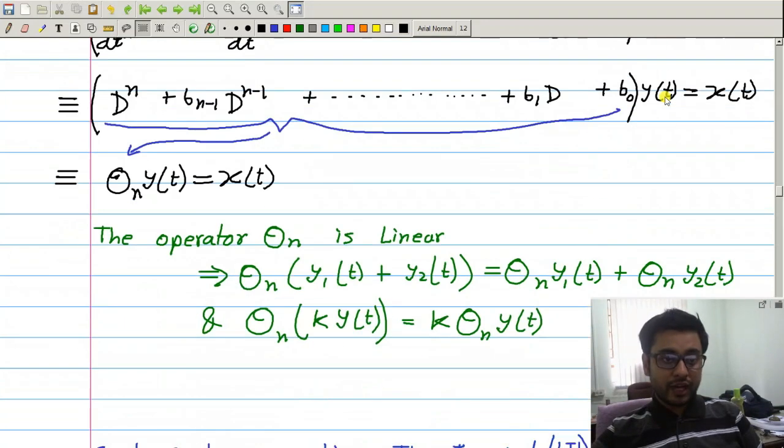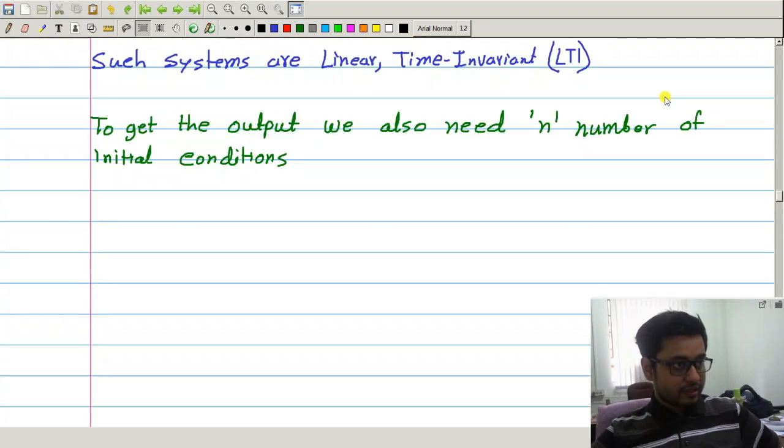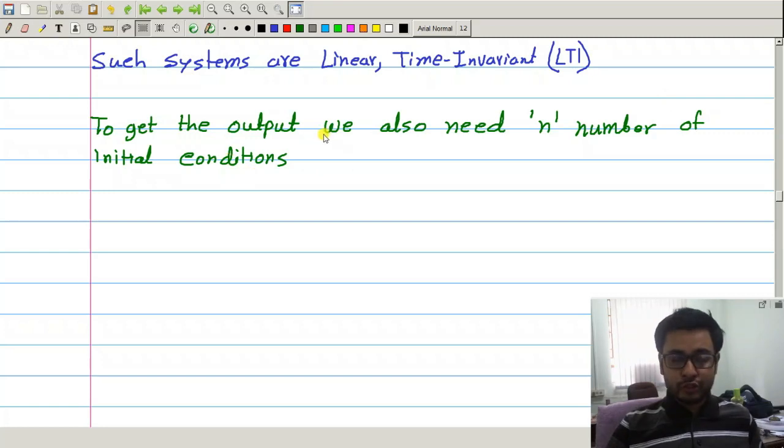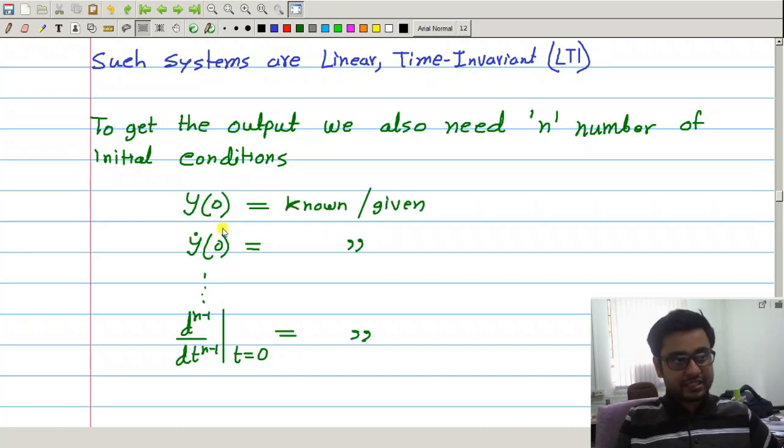But we have learned that to get the output, we will also need n number of initial conditions or boundary conditions, which look like this. The value of the output y at t equal to 0 should be known or given. The value of the derivative of the output at the beginning should be given, and so on.